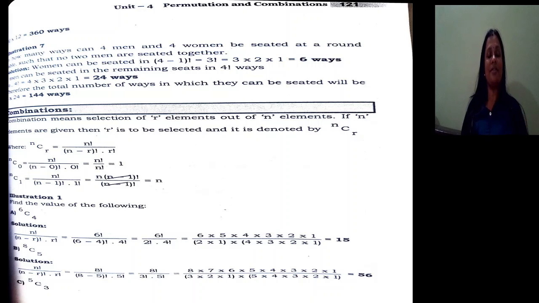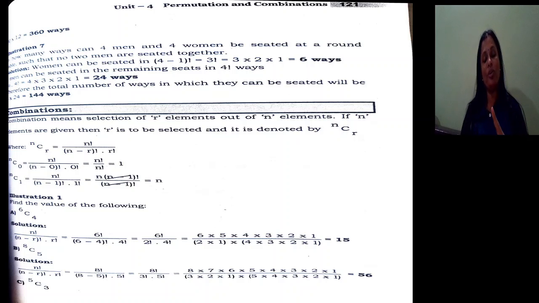Let's look at this first simple problem. Find the value of 6C4. 6 means N, 4 means R. So N factorial means 6 factorial divided by N minus R factorial, which is 6 minus 4 factorial, into R factorial, which is 4 factorial. 6 minus 4 is 2.